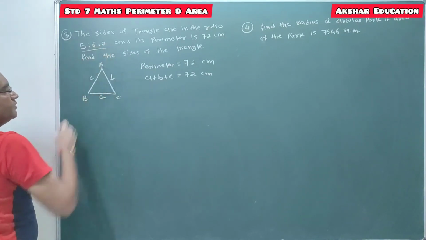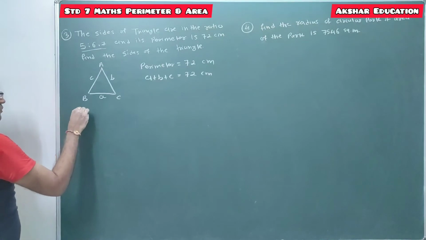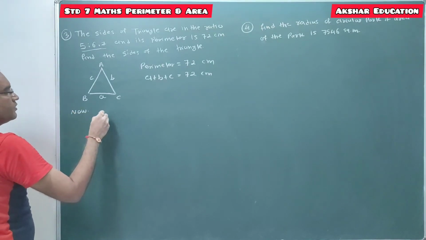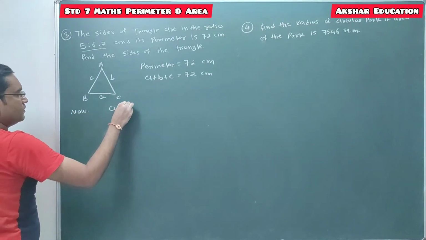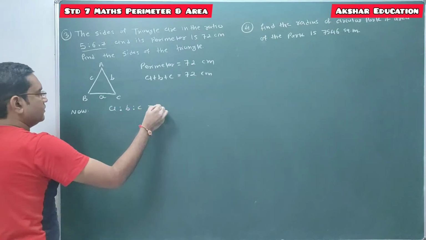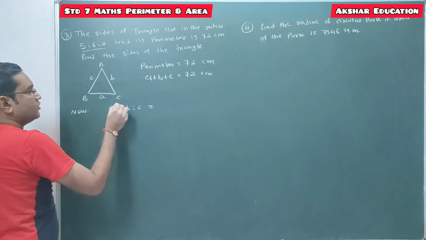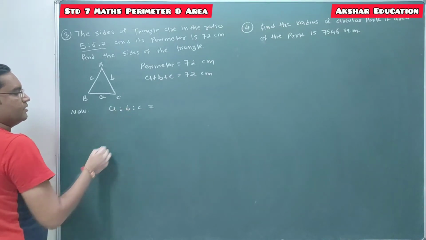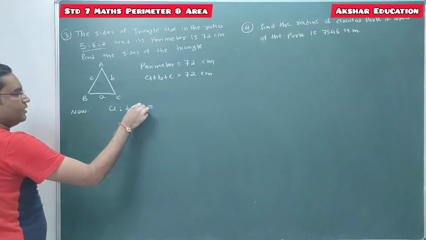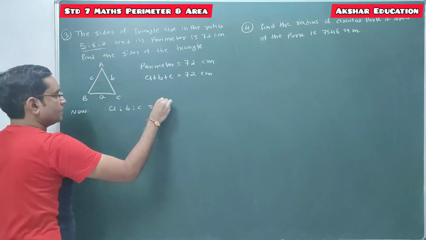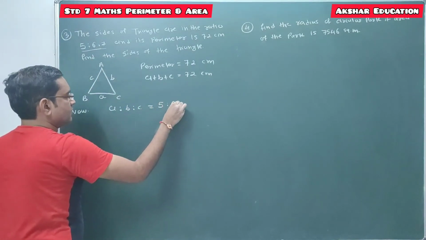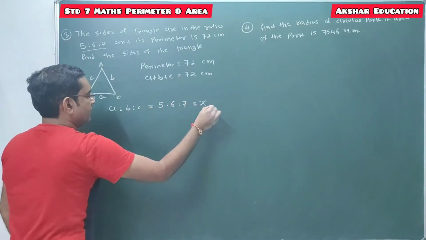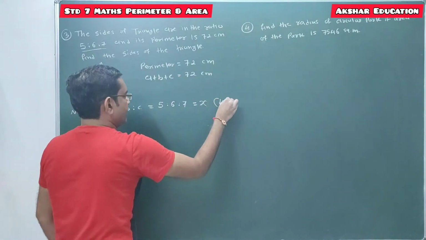So ratio is given. We have discussed that whenever the ratio is given, you have to assume the given ratio equal to x. So let the 3 sides of triangle be a, b and c. So the ratio a to b to c is 5:6:7, and take that ratio equal to x.